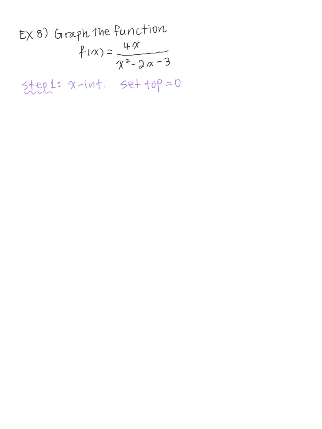So in this case, what do we got? We got a 4x. Oh, that one's cute. There's no work here. 4x equals 0, dividing by 4, then our x-intercept is going to be 0 over 4, which is 0. Which means that when x is 0, y is 0. That's what we just computed, right? So this is going to be the x-intercept.